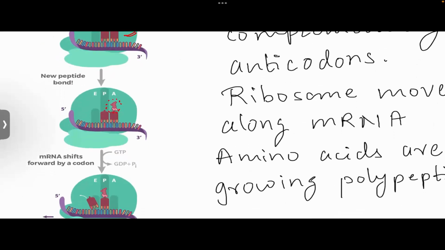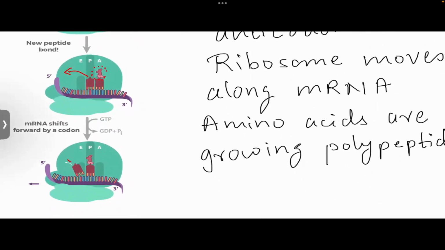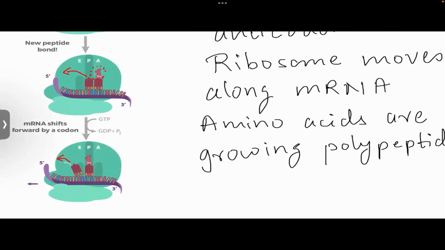Now this tRNA is empty, so it has done its role of transferring the amino acid. It will leave, and the ribosomal machinery will now slide in this direction, making site A empty again.